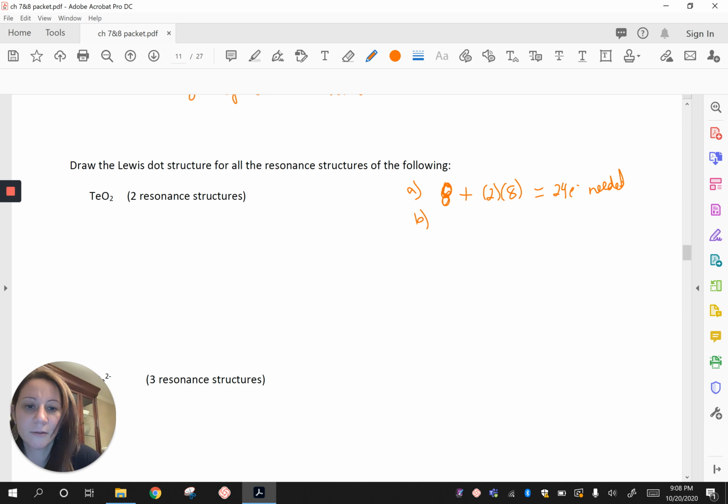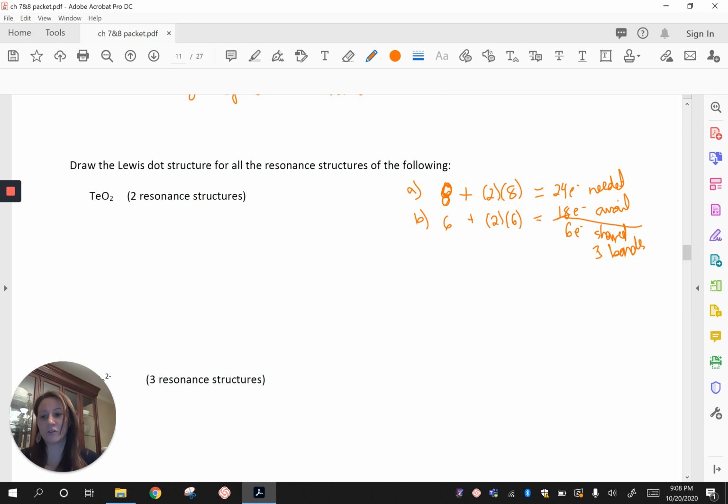Next, I'm going to calculate how many electrons are actually available. Tellurium has 6. I have 2 oxygens, each have 6, for a total of 18 electrons available. Subtract the 2, that's going to give you 6 electrons shared, which means you have 3 bonds.